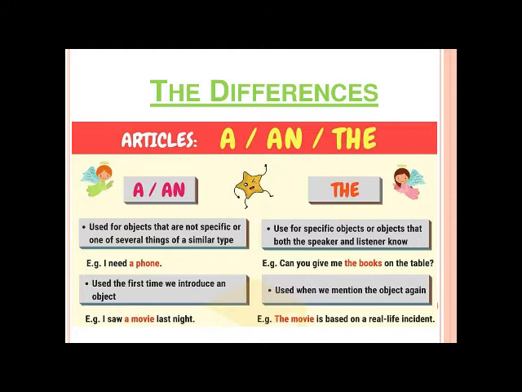Now I have talked about this movie for the first time. So I have used a movie in the sentence. And suppose I want to mention that object once again, then I will use the. For example, the movie is based on a real life incident.